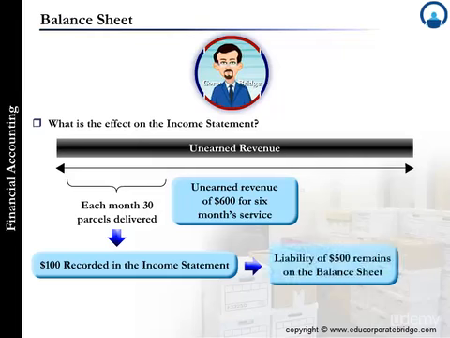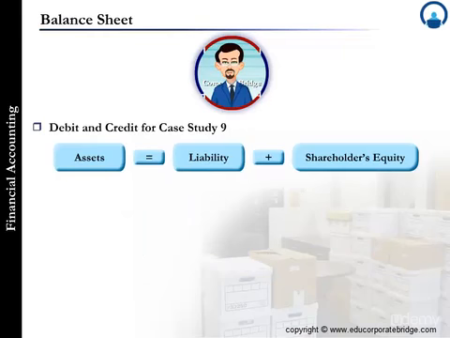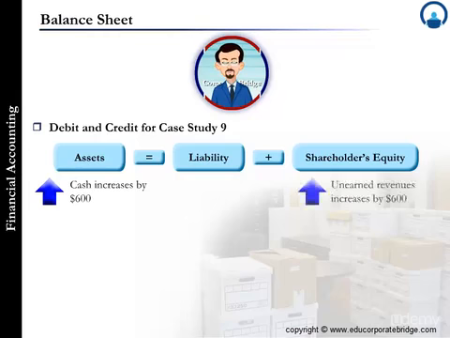Each month, Fast Track's liability decreases by $100 as it fulfills the agreement by delivering parcels, and each month its revenues on the income statement increase by $100. Debit and credit for Case Study 9. Asset side. Cash increases by $600 and hence debit. Liability side. Unearned revenues increase by $600 and hence credit.